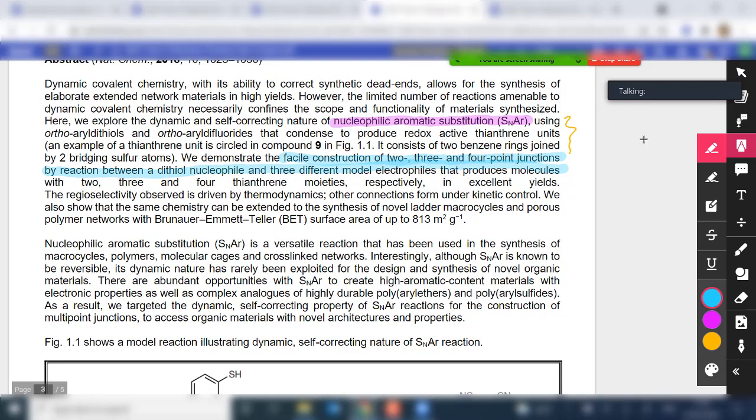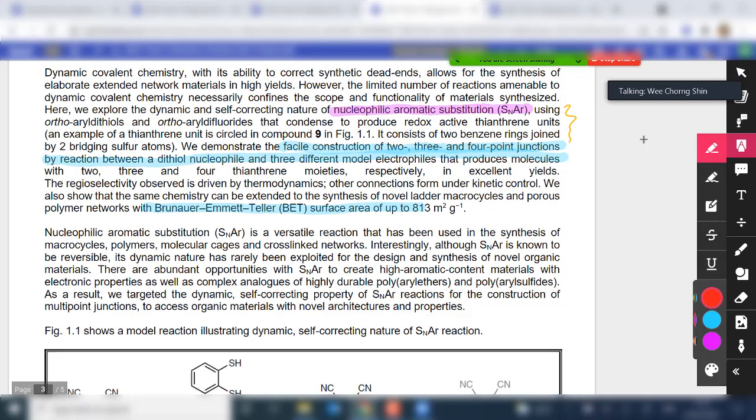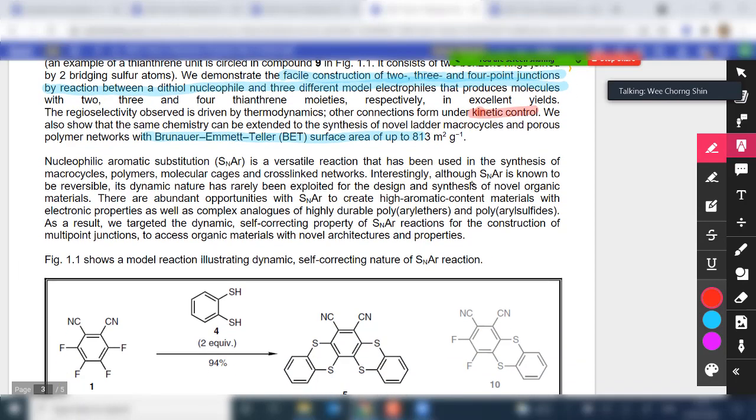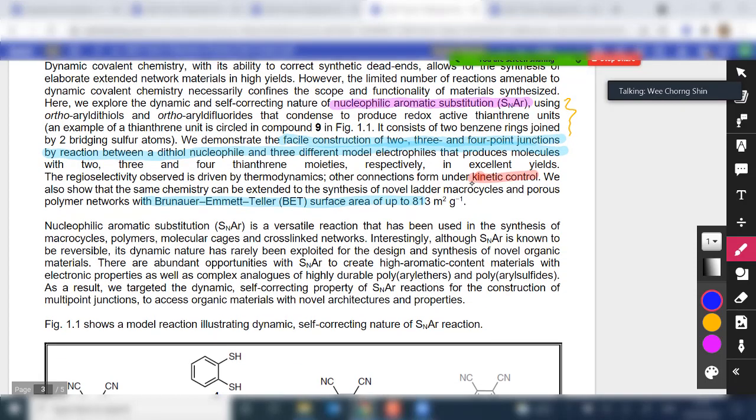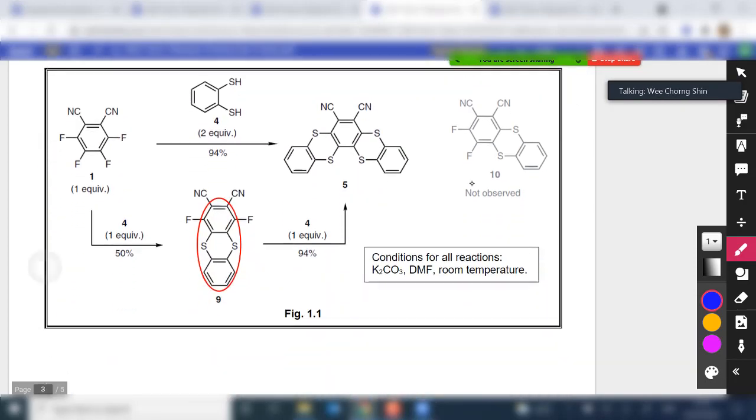And then some BET surface area, which might not be interesting. Then kinetic control. So these are some of the things. Then after that, there's a description of what nucleophilic aromatic substitution is. They tell you that it's important in synthesis, and there are abundant opportunities to do this and that. Okay, so if you don't feel like reading a lot, just look at the diagram because it's more interesting.